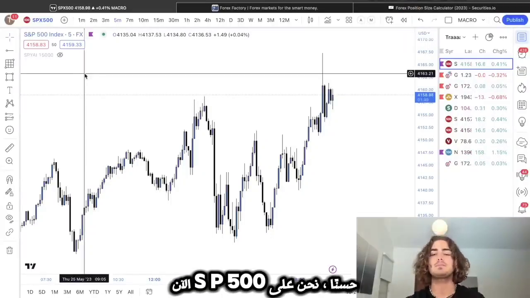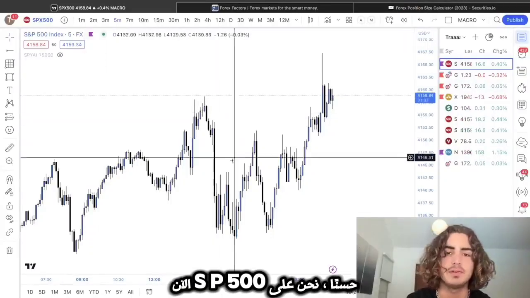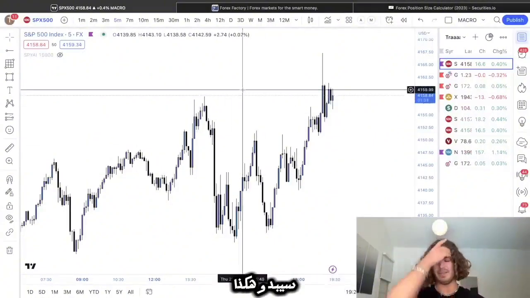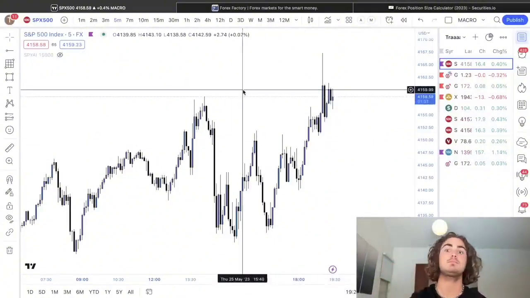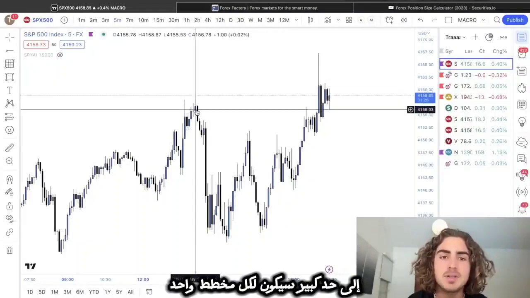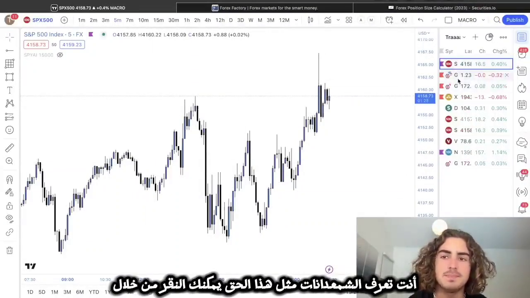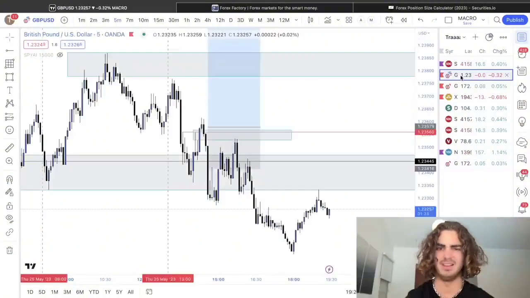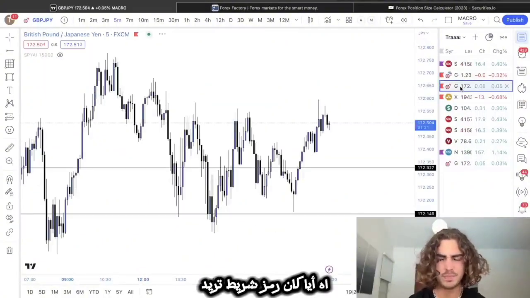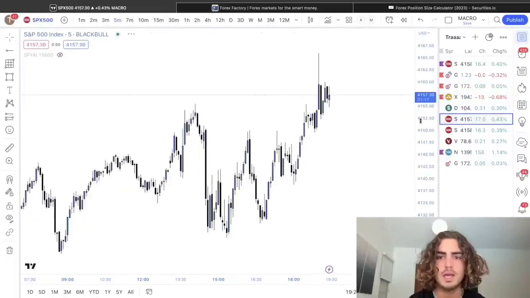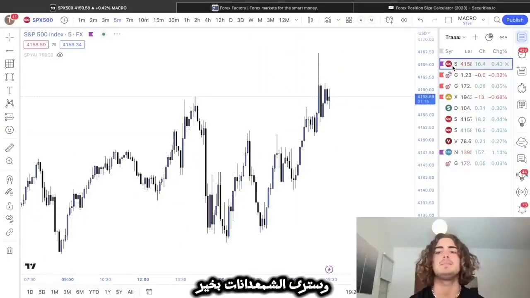Okay, so we're on the S&P 500 right now, and pretty much every single chart you're going to have is going to look like this. Pretty much every single chart is going to have candlesticks like this, right? You can click through whatever ticker symbol you want, and you'll see candlesticks, okay?